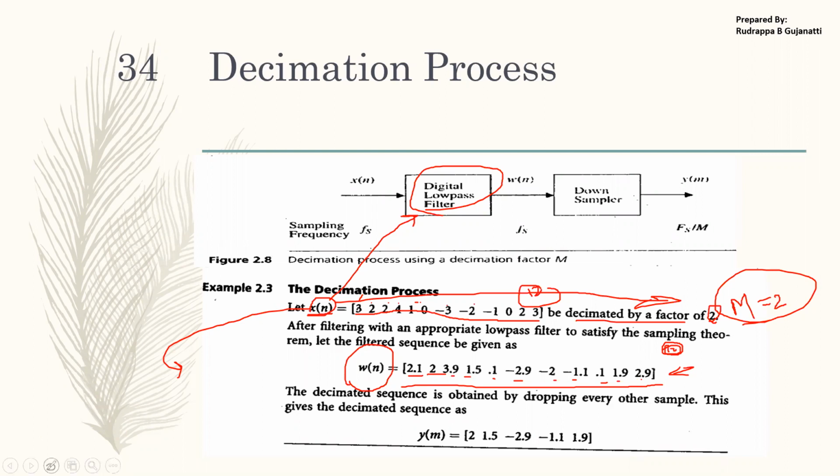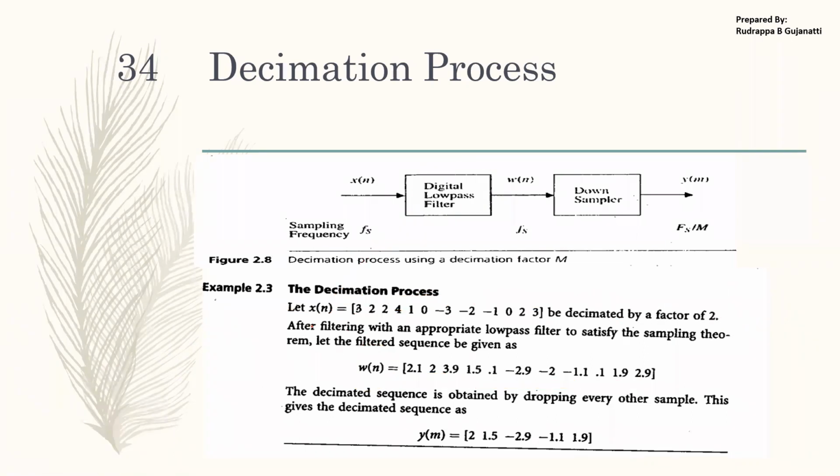So here we have filtered the overall sequence, and these are the samples of the filtered output. Now we have to consider the factor M. So M is equal to 2, and I have to apply the decimation factor on this.